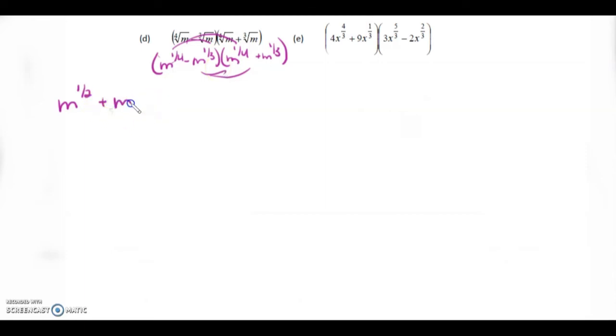Okay, so we get plus m to the 7/12, but then we're going to get minus m to the 7/12. And minus m to the a third plus a third is 2/3. These two middle numbers cancel out, and we get m to the 1/2 minus m to the 2/3.